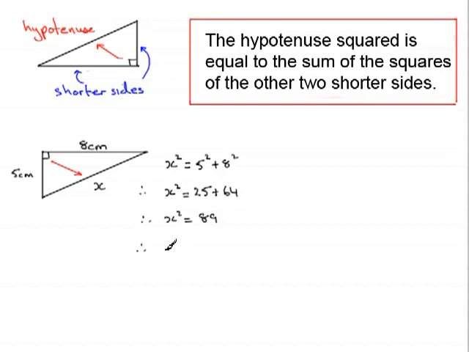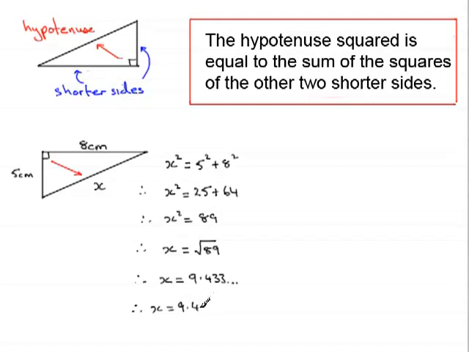The square root of x squared is x, and I'll just write in the symbol square root of 89 here. I'll need a calculator to work out the square root of 89, so if you work that out on a calculator, you should find that you get 9.433 and so on. So rounding this to one decimal place gives x equals 9.4.